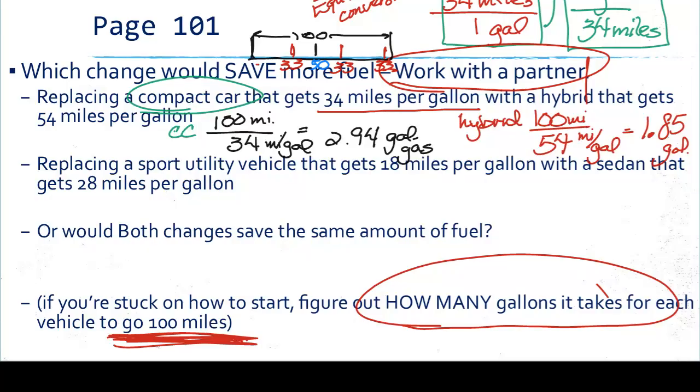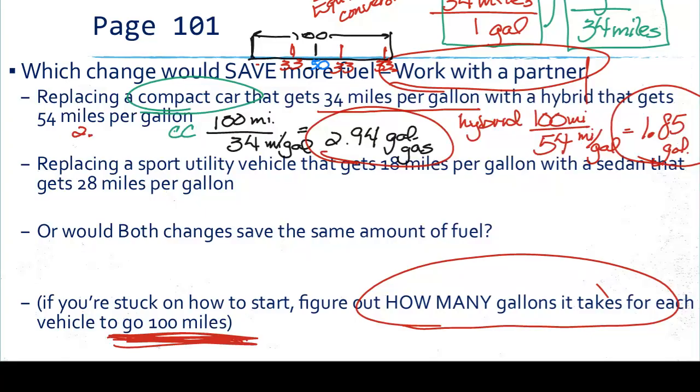So if we're only going 100 miles, we want to use the least amount of gas that we can, right? How much more do we save? How would I figure that? Subtract. Yes. So this uses 2.94. This uses 1.85.